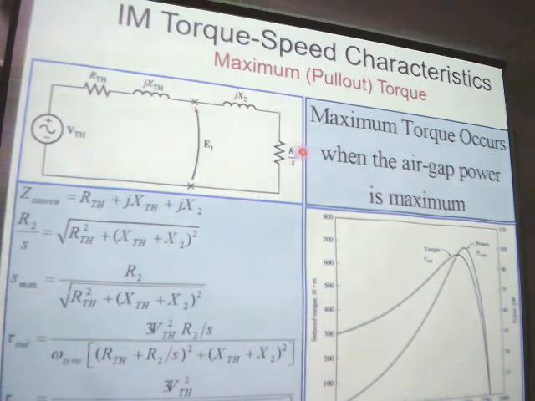You can see it in the circuit book. So using the equations, we can calculate the maximum slip and the torque.